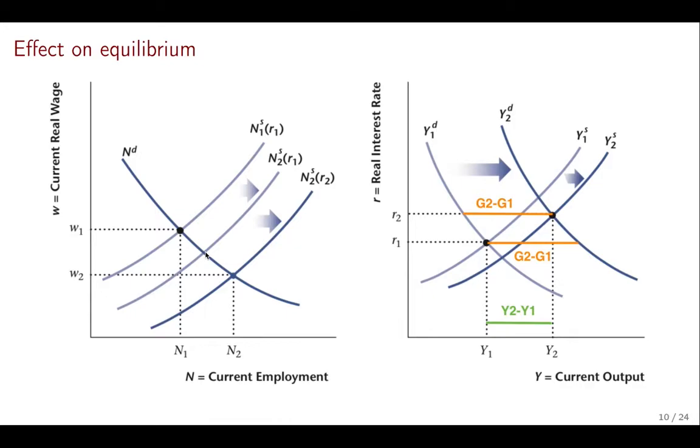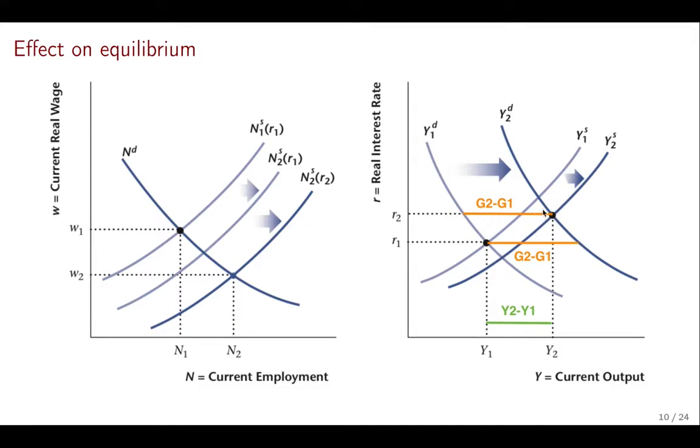Now, because the labor supply is now higher at any level of wage, that also means that there is more output. And so the output supply is going to shift to output supply 2. But regardless of this shift, the new intercept between the two lines is going to have to be at a higher level of interest rate than the initial one.